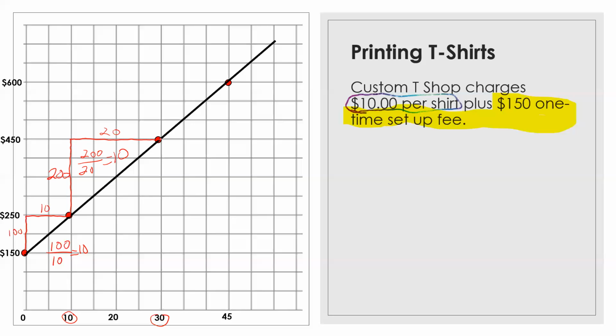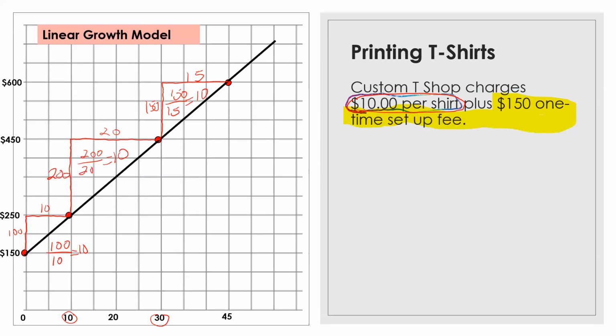Okay. What about this right here? That's 150 over 15, which also gives you the rate of change of 10. Now, where's that 10 coming from? You're right, that's the $10 per shirt. Yeah. Now, this rate of change is a constant rate of change.